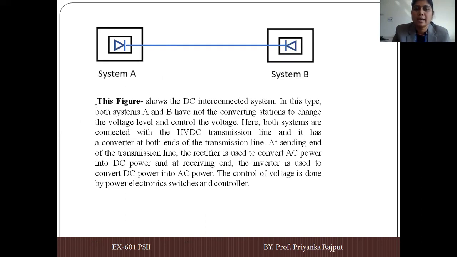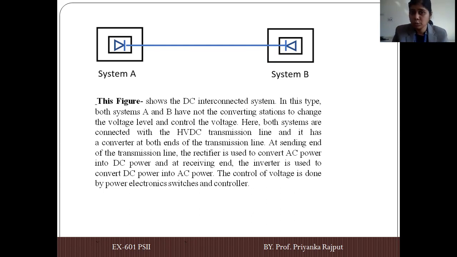Now, in the second diagram, you can see the DC interconnected system. In this type, both systems A and B are connected with an HVDC transmission line, and it has a converter at both ends of the transmission line.